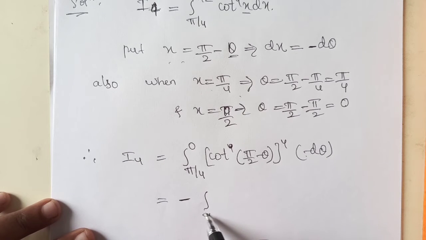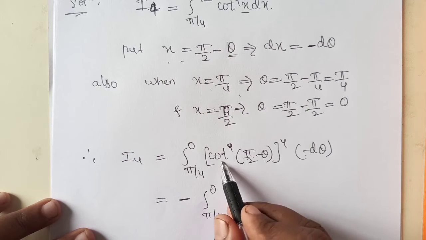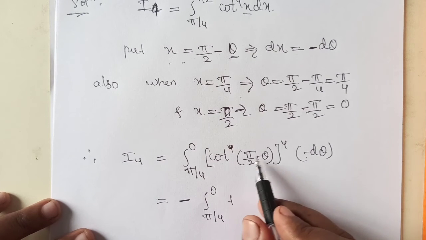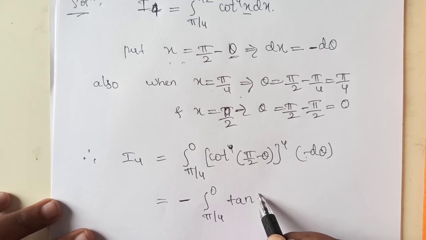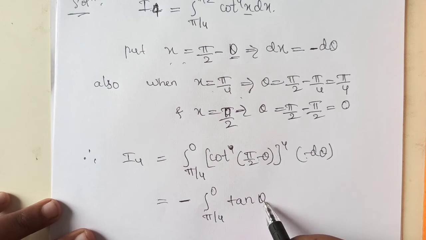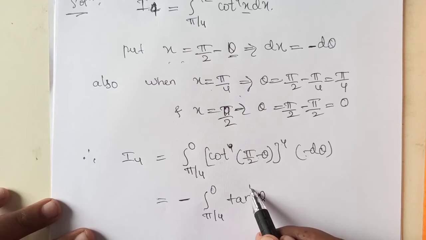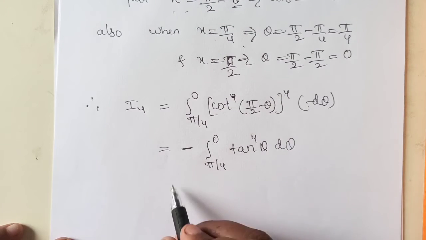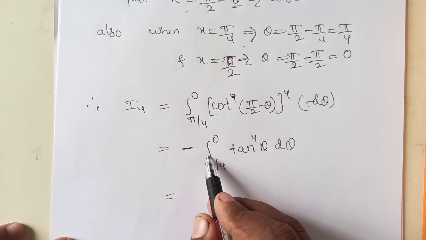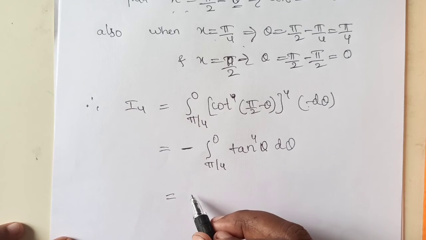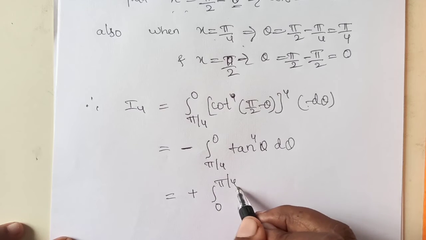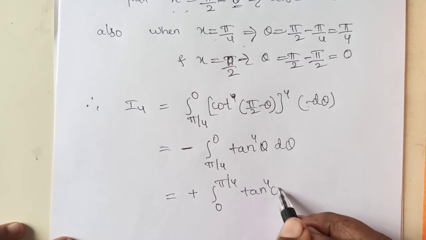Cot of pi by 2 minus theta can be written as tan theta, and the power 4 is there, into d theta. Now interchanging these limits gives a negative sign, so minus into minus gives positive. Integral 0 to pi by 4 tan power 4 theta d theta.